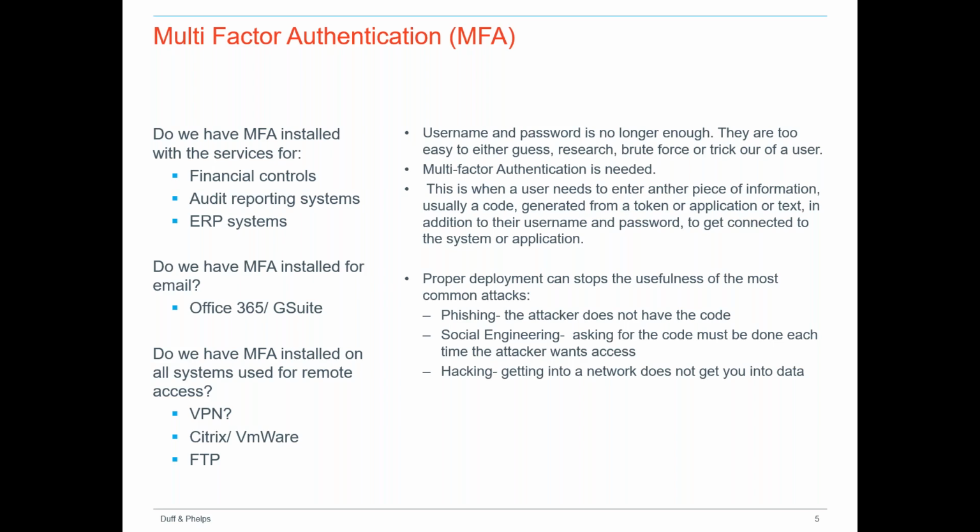For social engineering, despite the fact that they've talked someone out of their password, they can't physically control the phone that has the code coming in. And for hacking, they might get into one system, but they lack the capability to move to multiples because they can't generate the MFA token. It is a tremendously effective tool that can allow for a significant security impact. And you know why most firms aren't using it?